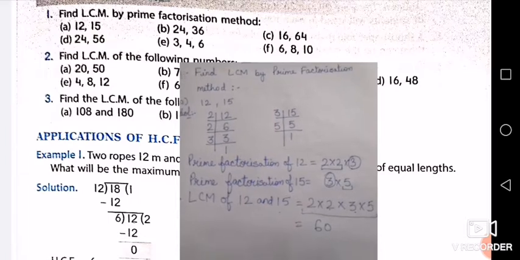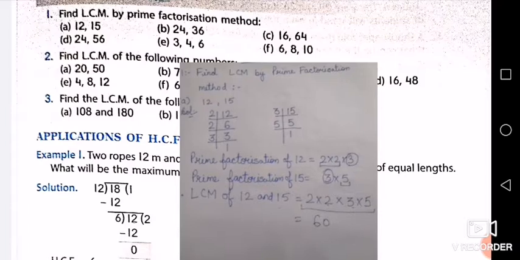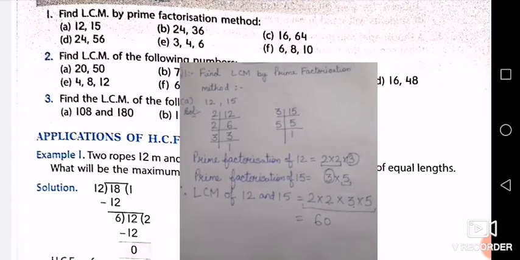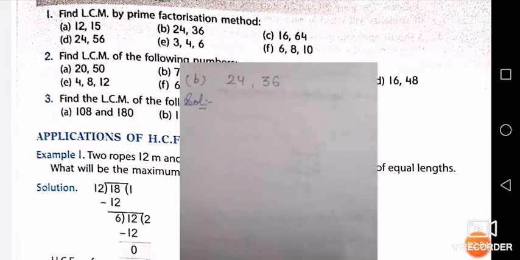Okay children, now let's do the B part of this question. The B part which is given to you is 24 and 36. Now what is the first step? Yes, correct. The first step is to find prime factors of a given number.